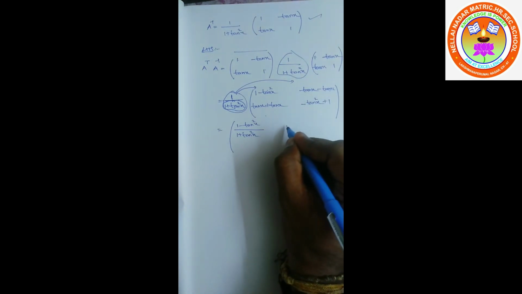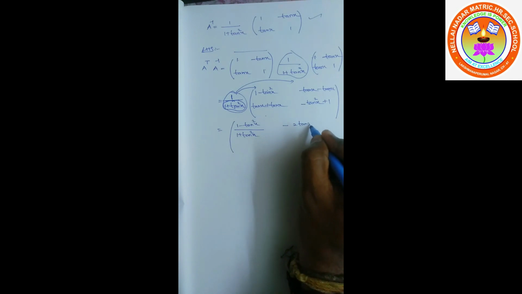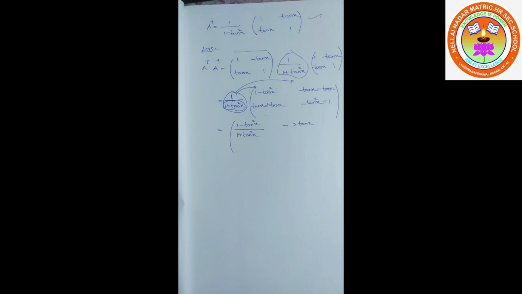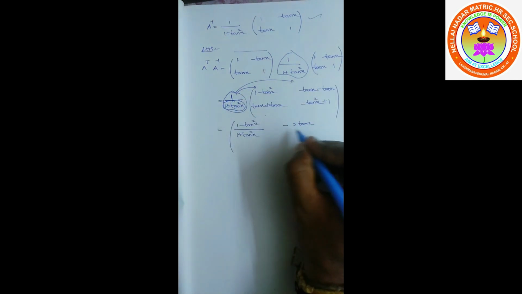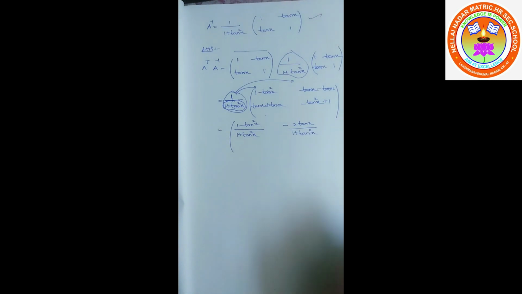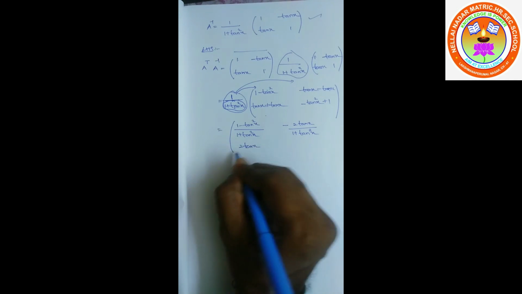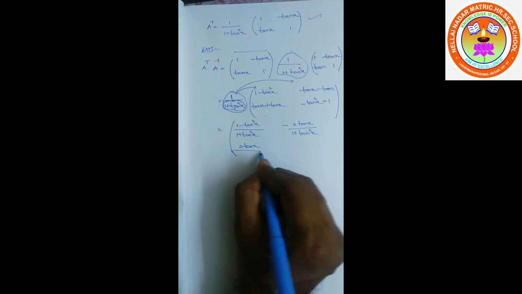1 plus tan square x, minus tan x, minus tan x gives minus 2 tan x. This comes to the denominator, divided by 1 plus tan square x. Tan x plus tan x is 2 tan x.